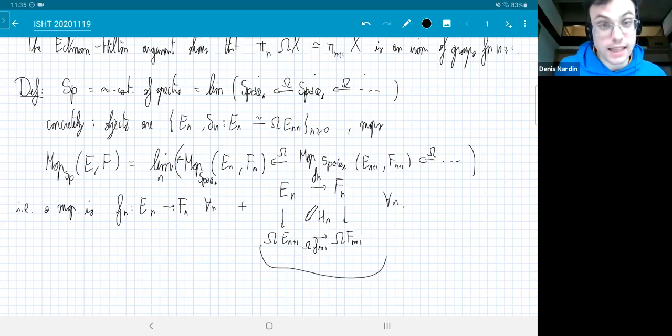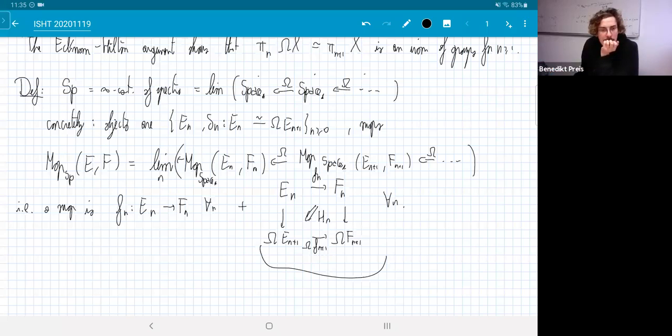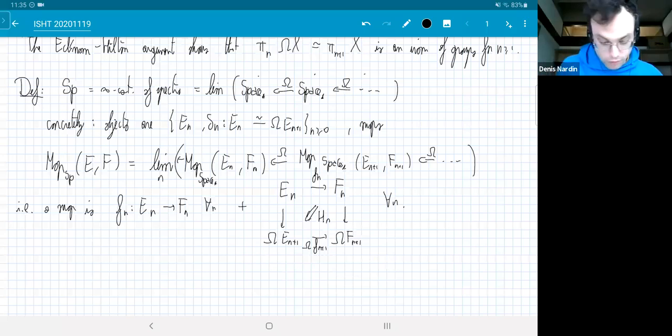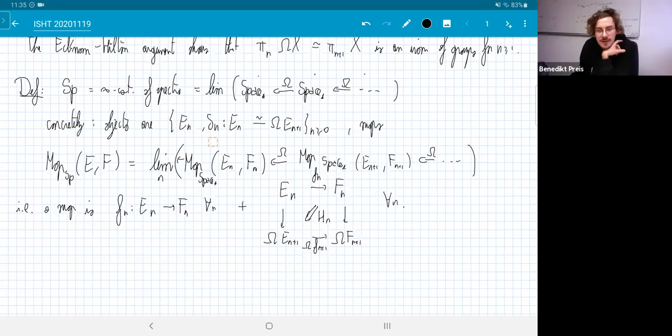And this square is exactly such a path. Or if you want, this delta is such a path. And when I say path, I actually mean equivalence, under the identification of Kan complexes. And so having these deltas makes up for the fact that their omegas are not fibrations. Exactly.